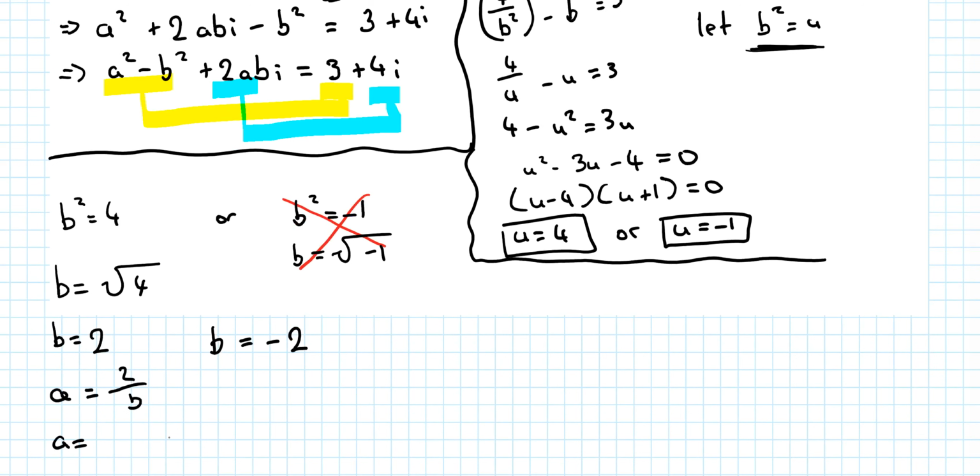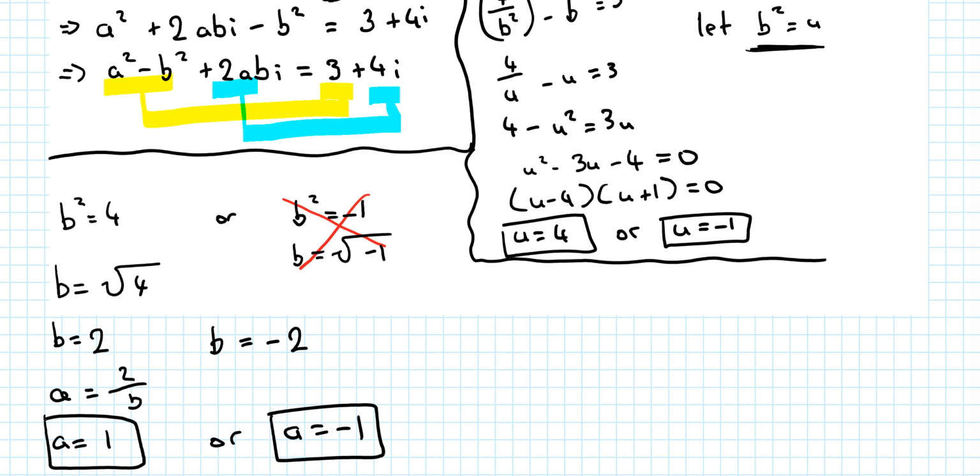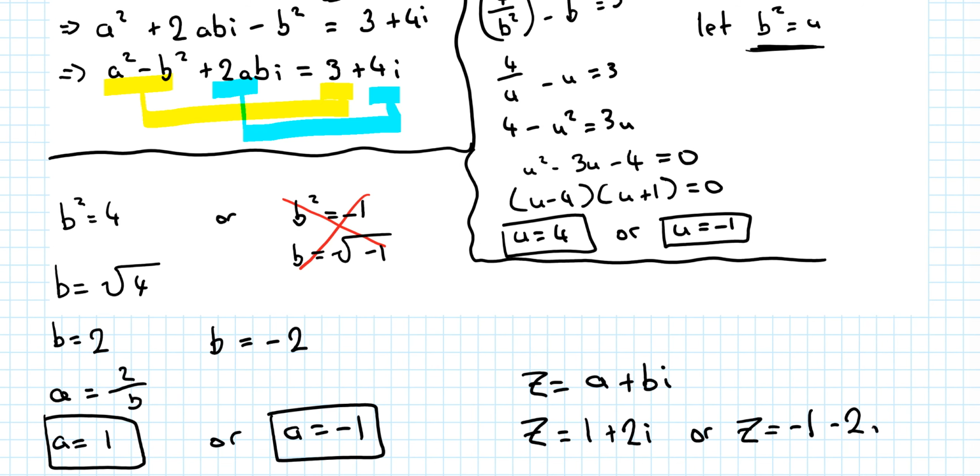So a is equal to 1 or a is equal to minus 1. So what's my complex numbers? z is equal to a plus bi. So z is equal to 1 plus 2i, or z is equal to minus 1 minus 2i.